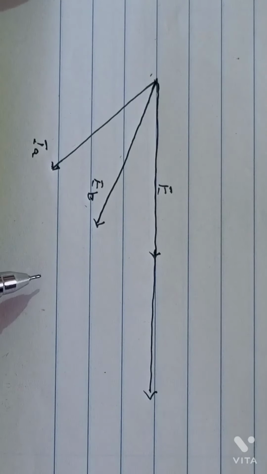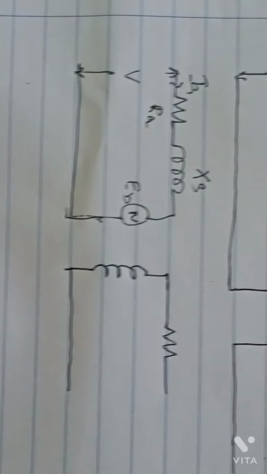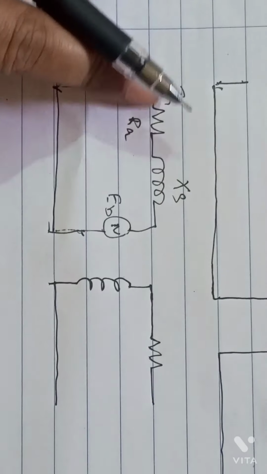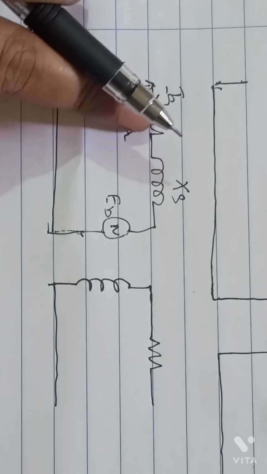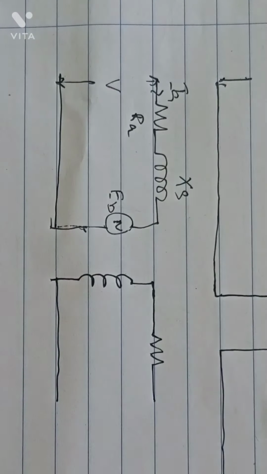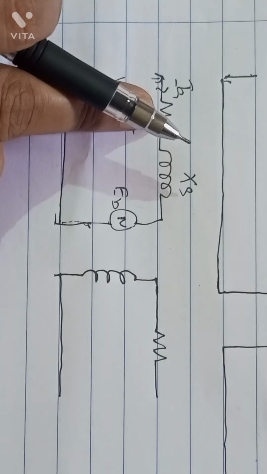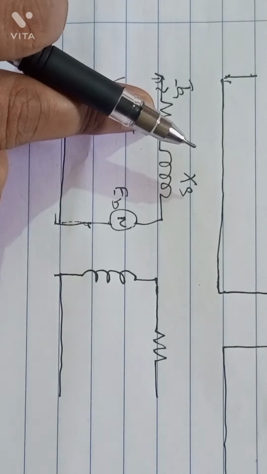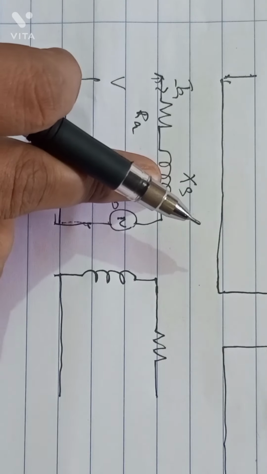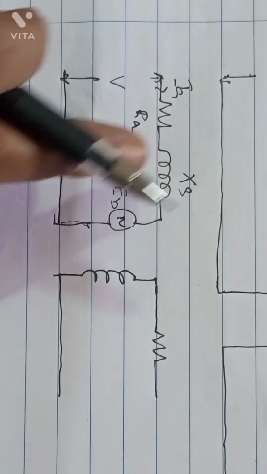Now, current flows through the resistance. So the angle is in phase with the IA. Normally, when current flows through a resistance circuit, it is in phase with the input current. When current flows through the inductance circuit, there is a 90-degree angle difference compared to the current through the resistance.